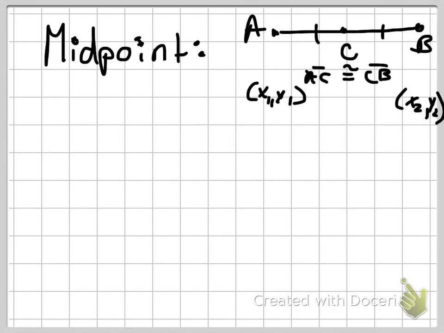We're going to be using those coordinates again. The midpoint is going to be a coordinate point. C is like x3, y3, essentially, this third coordinate point on the line.